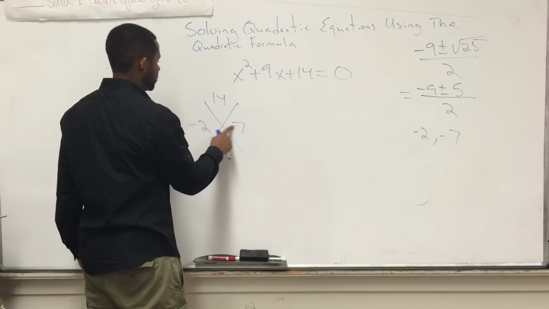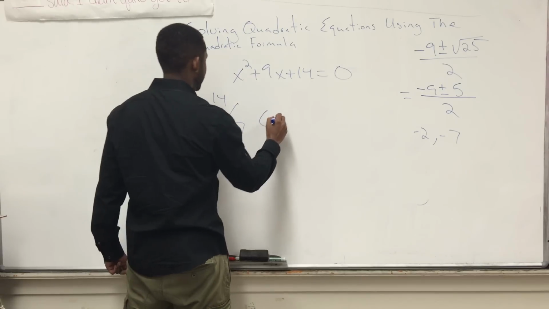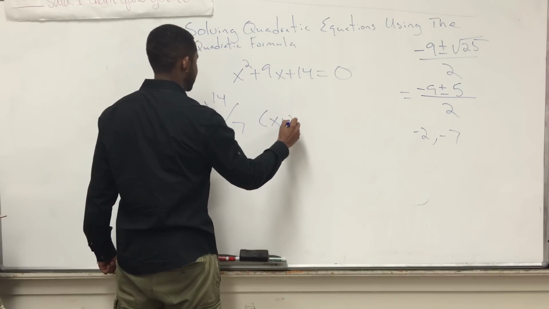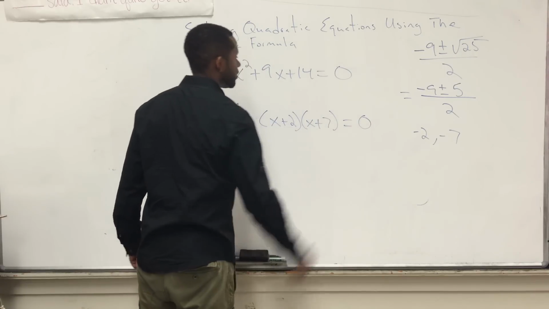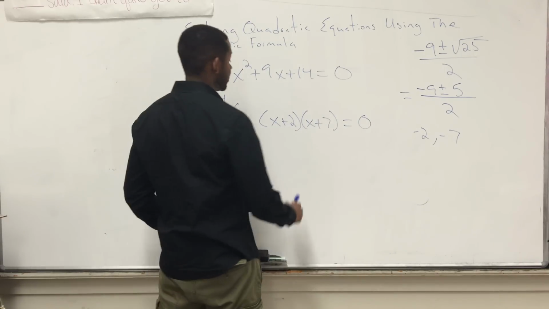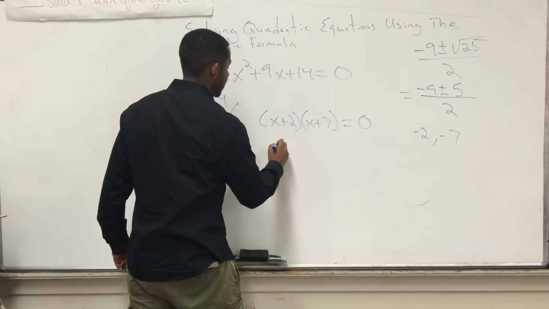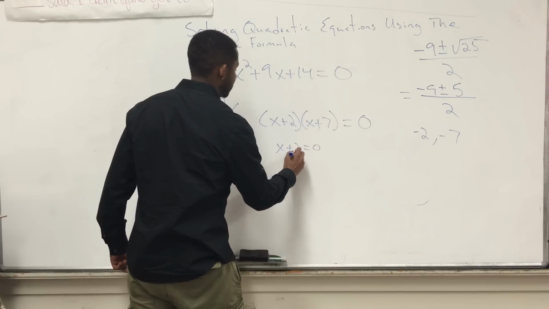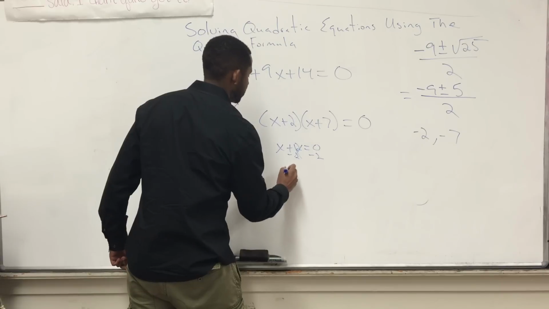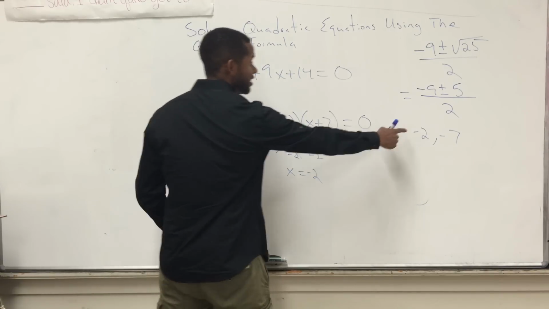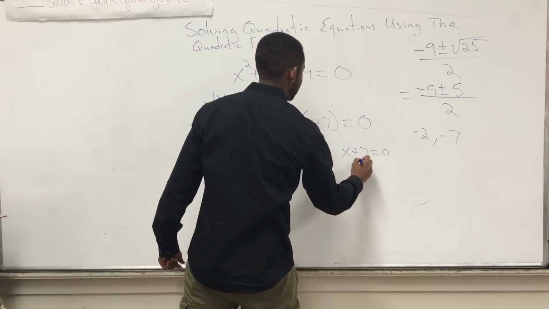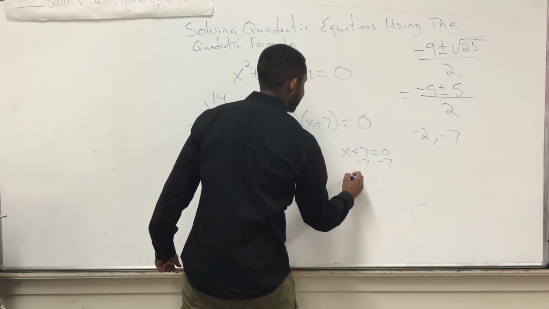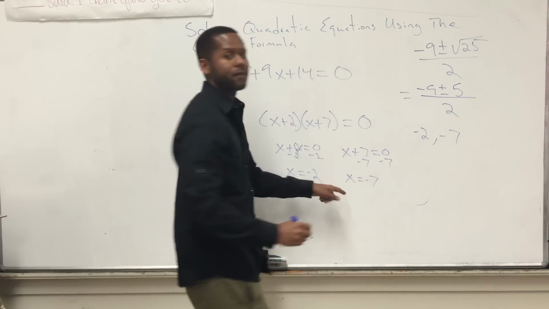We get (x plus 2)(x plus 7) equals 0. If I solve those, x plus 2 equals 0, minus 2, minus 2, x equals negative 2. Same thing that we just got. x plus 7 equals 0, minus 7, minus 7, x equals negative 7.